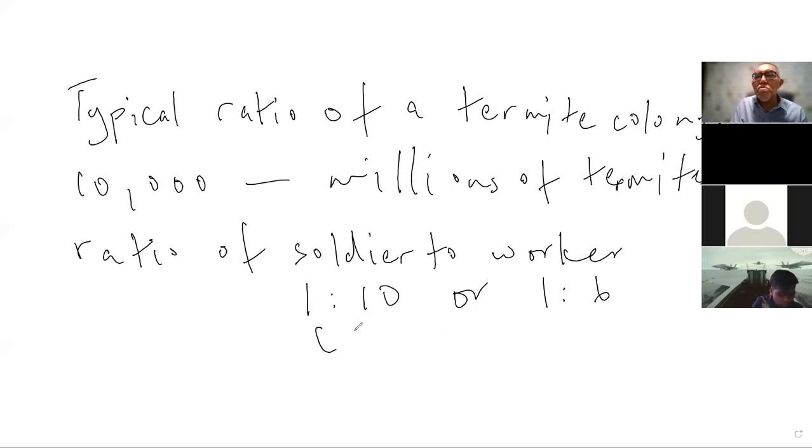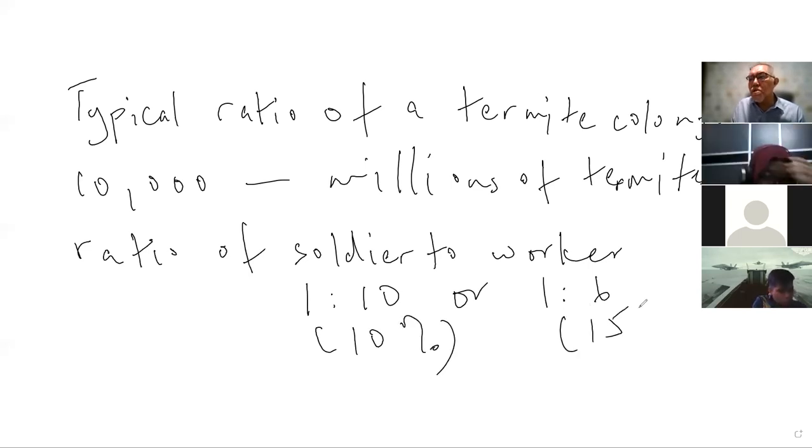So this is 10%, and this is about 15%. So in a colony, you have approximately 10% soldiers and 90% workers. So if you have 10,000 in a colony, then you have about 1,000 soldiers, and the rest 9,000 are workers.